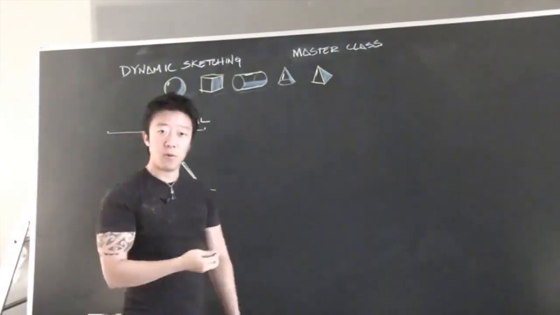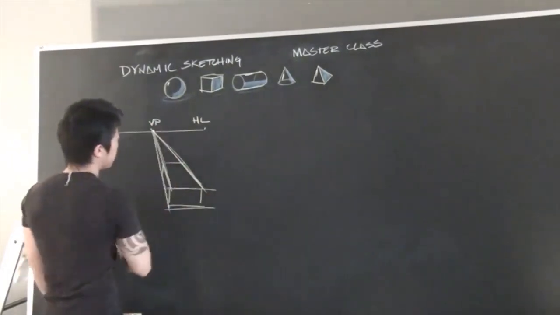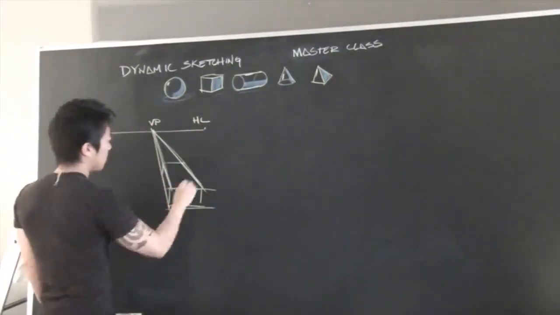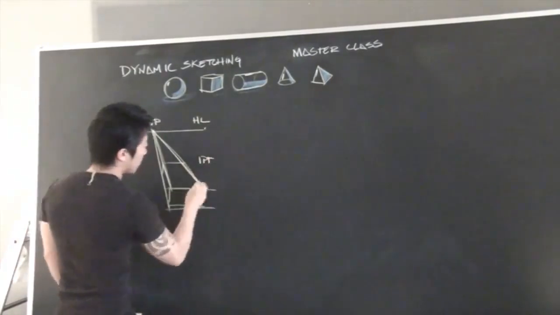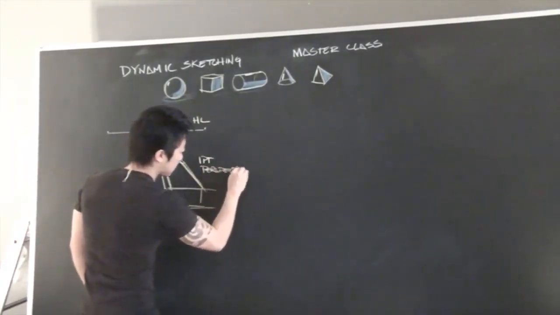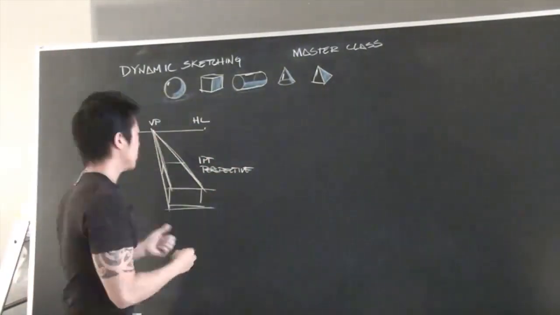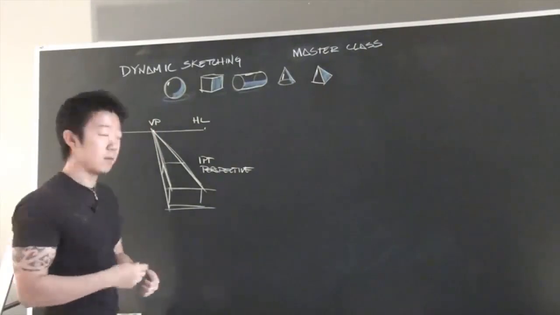This is a one-point perspective. This is your vanishing point, horizon line, 1-point perspective. I'm not going to go too deeply into perspective, but I just wanted to give you a general idea of how to handle it.